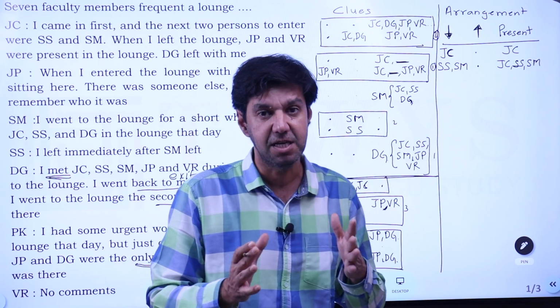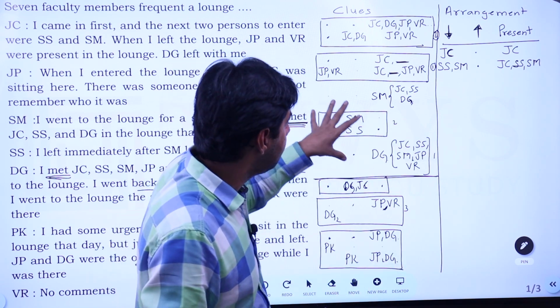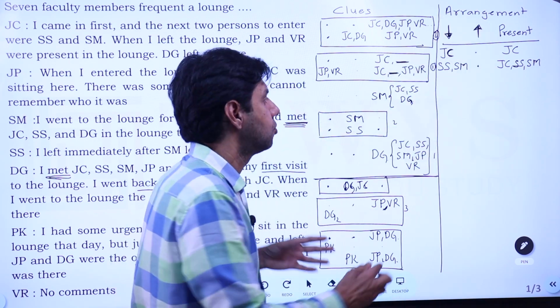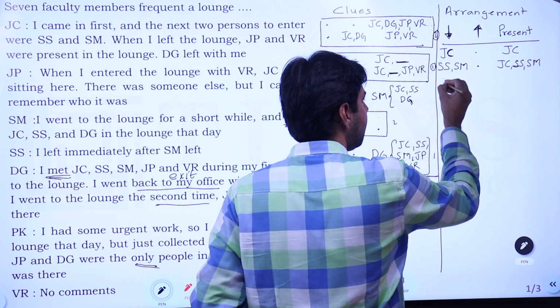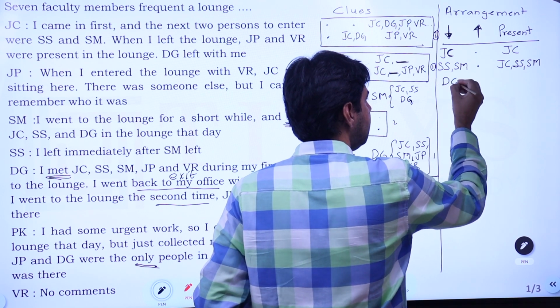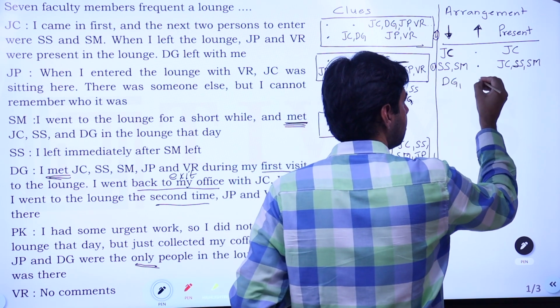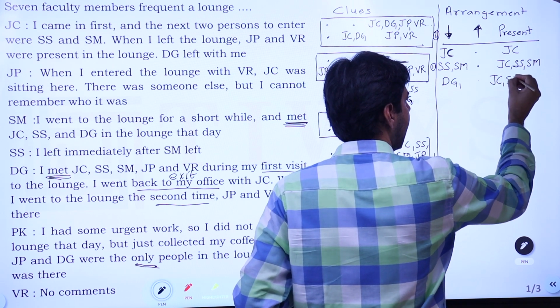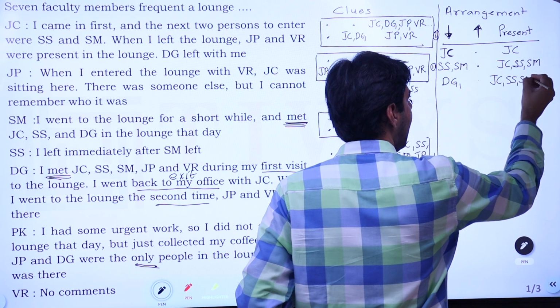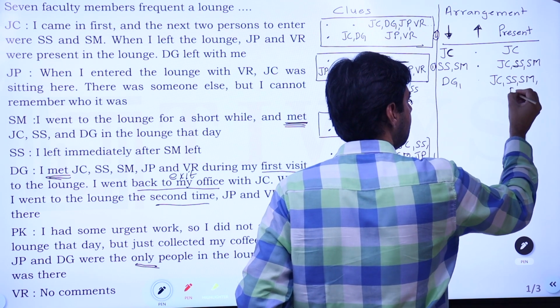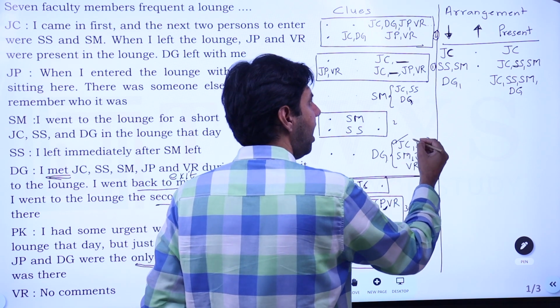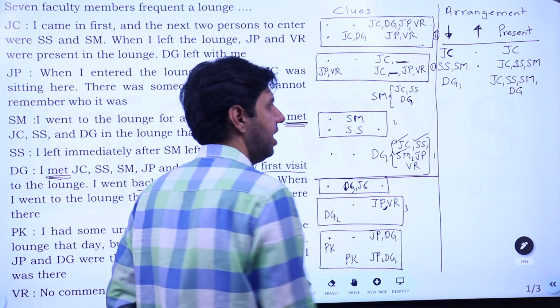So my message is, as long as you're able to fit this in, just keep going ahead with one arrangement. For example, I see DG coming in here for the first time. So this means that now there is JC, SS, SM, the earlier members, and there is also DG now. DG has met with JC, has met with SS, has met with SM.